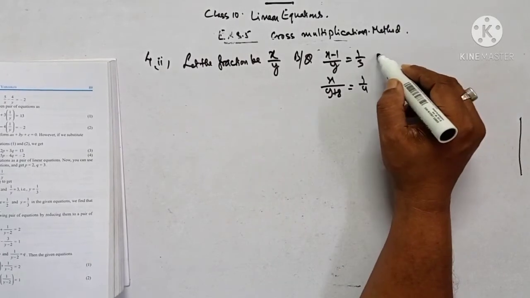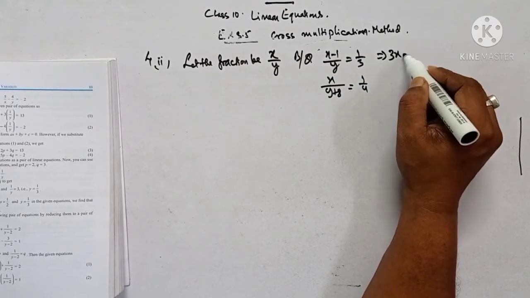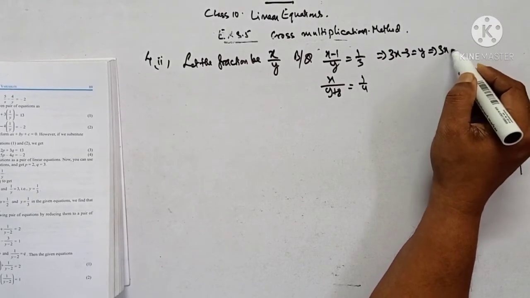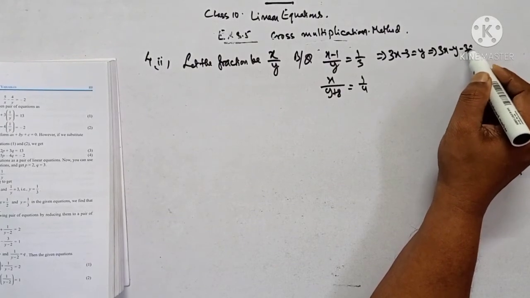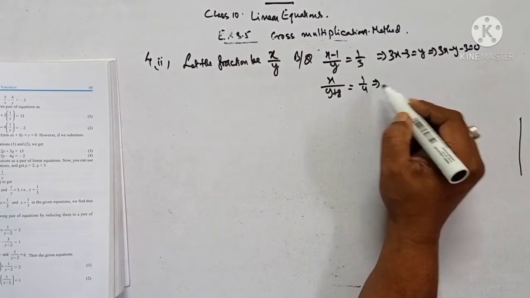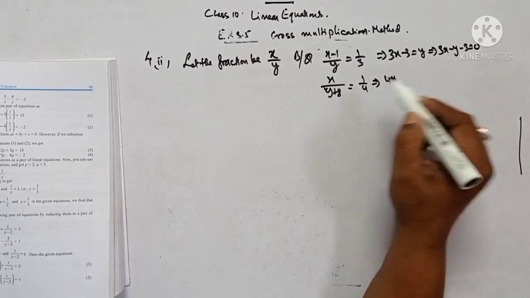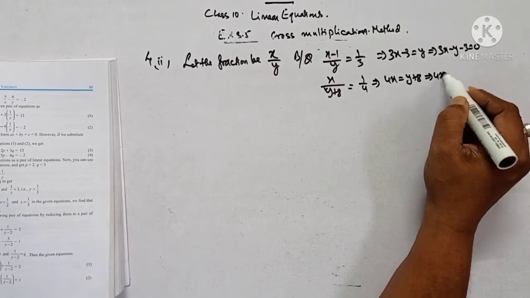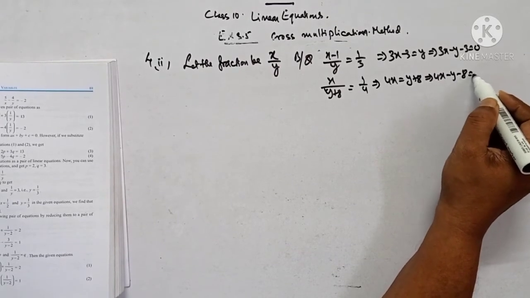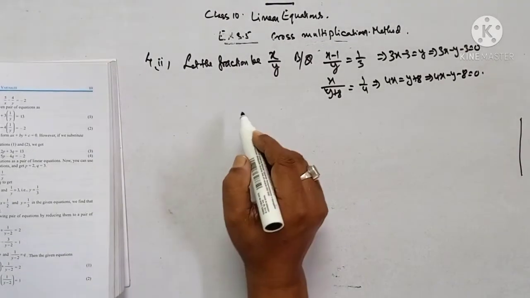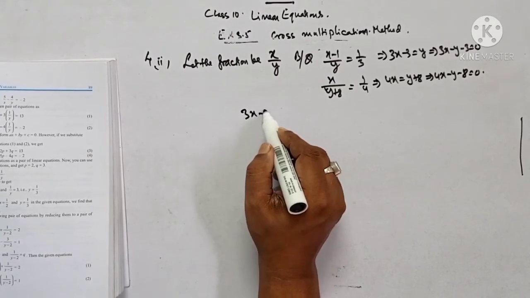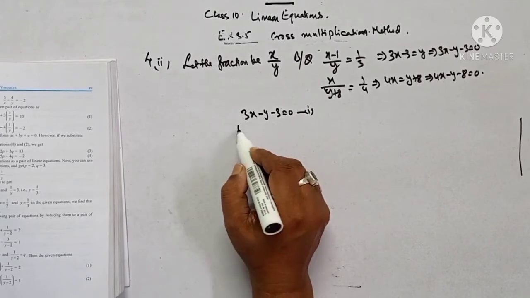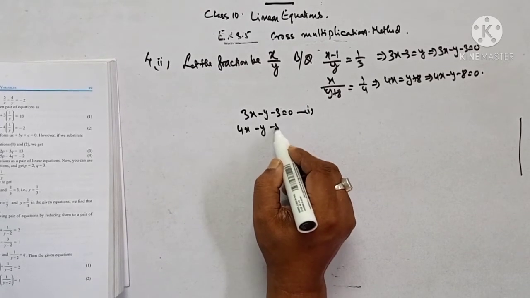So here this becomes 3x minus 3 is equal to y, so 3x minus y minus 3 equal to 0. This is equation 1. And 4x is equal to y plus 8, so 4x minus y minus 8 equal to 0. This is equation 2.